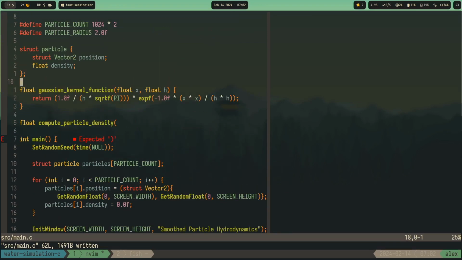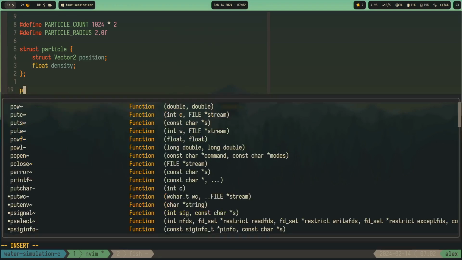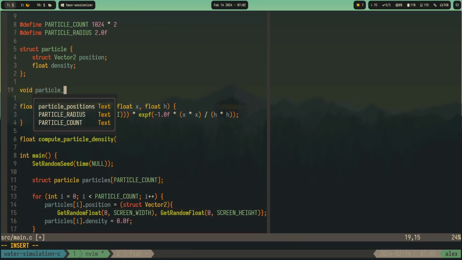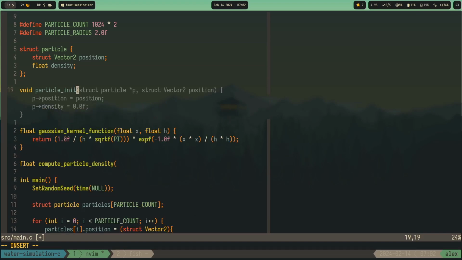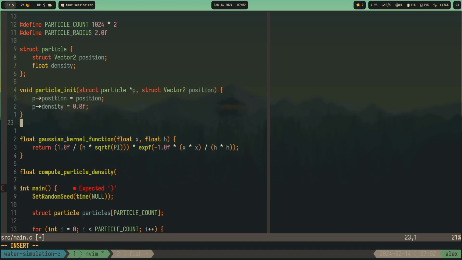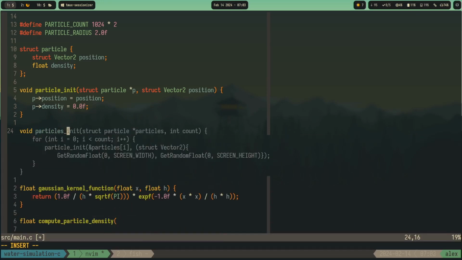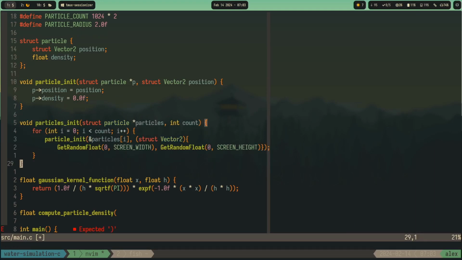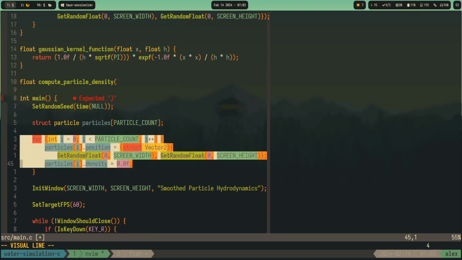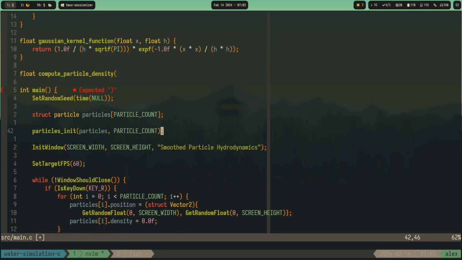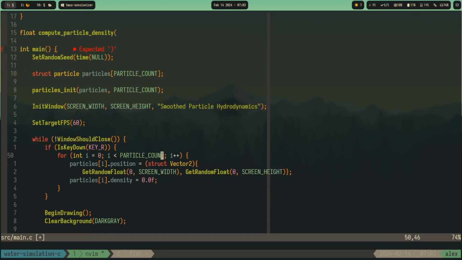So let's have void particles init, something like this, and then we can init them here.